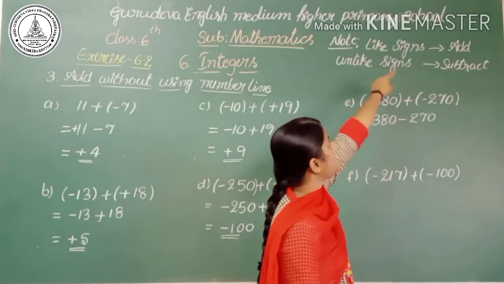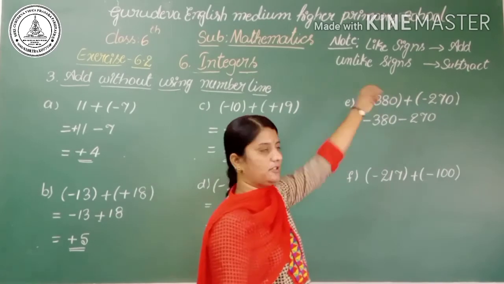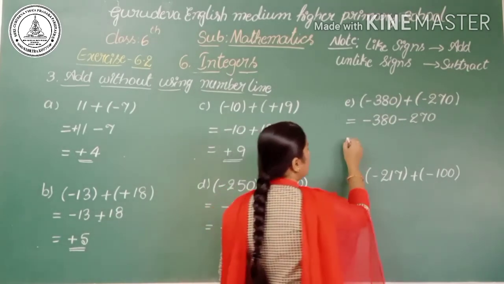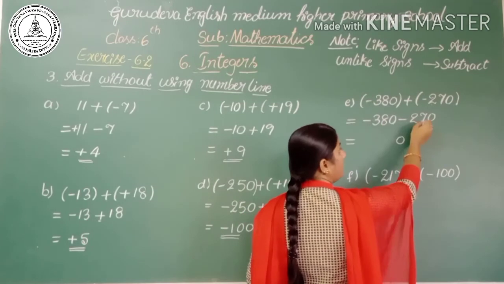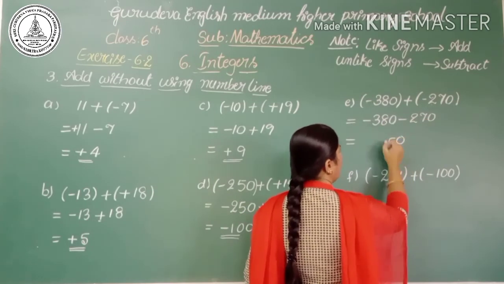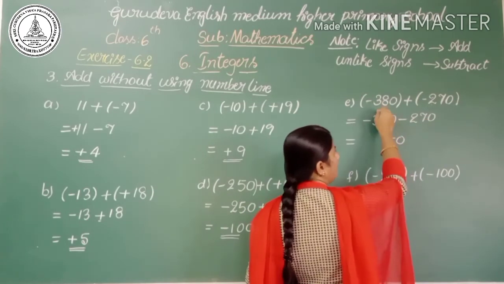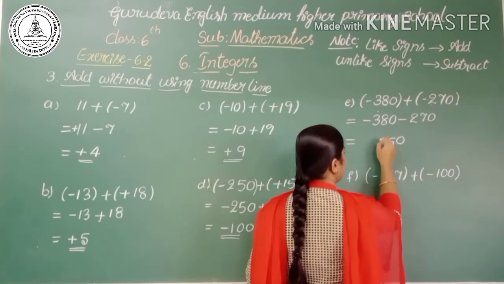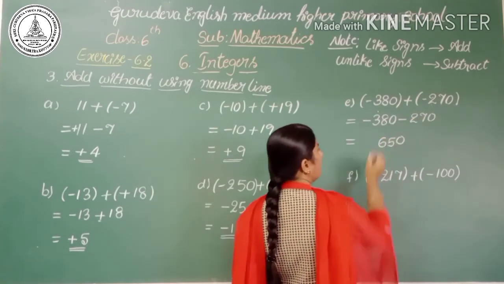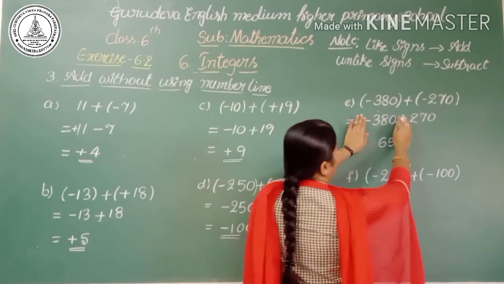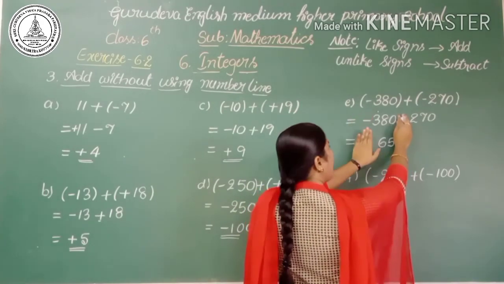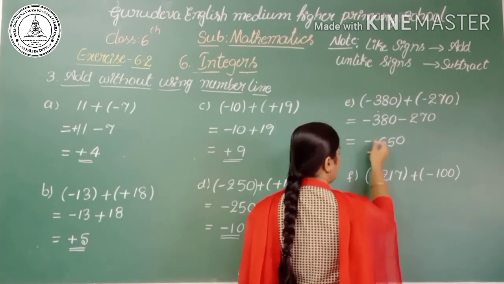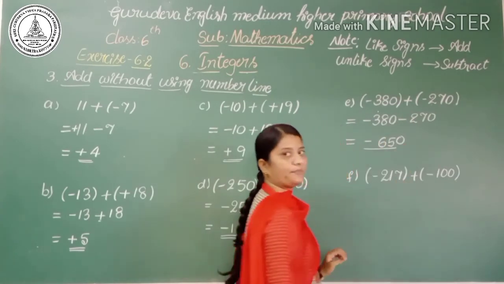Like signs means we have to add those two integers. Now add here: 0 plus 0, 0; 8 plus 7, 15, carry 1; 3 plus 2 plus 1, 6. Then in these two integers which has the greater value? That is 380. 380 has a negative sign, we have to keep it in the prefix of the sum.